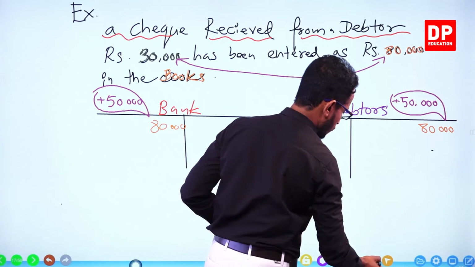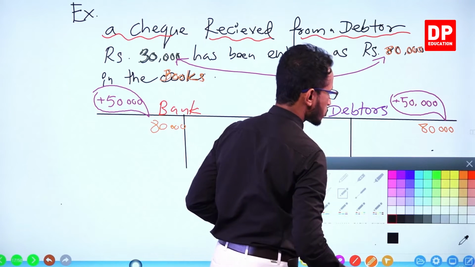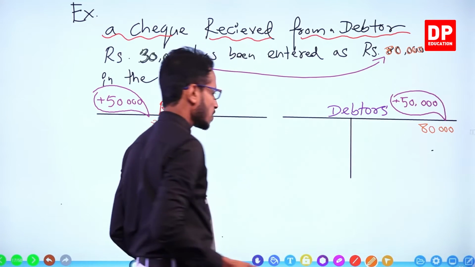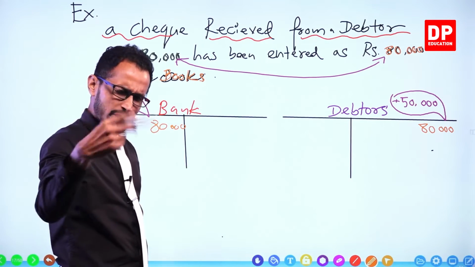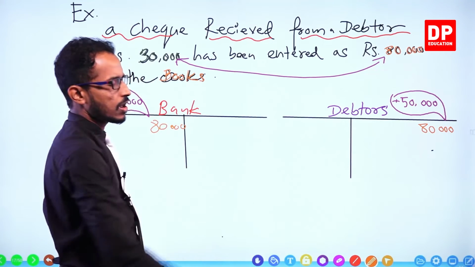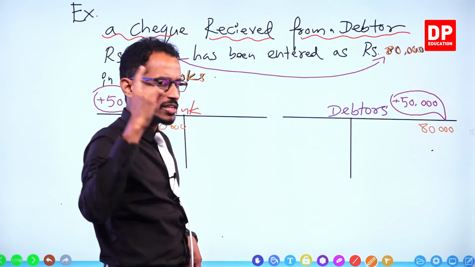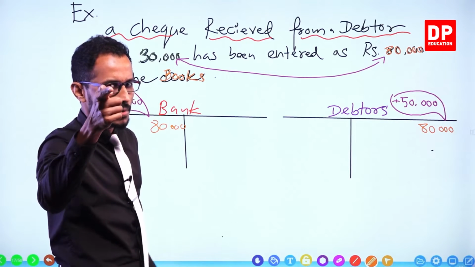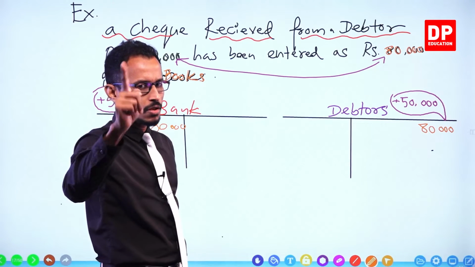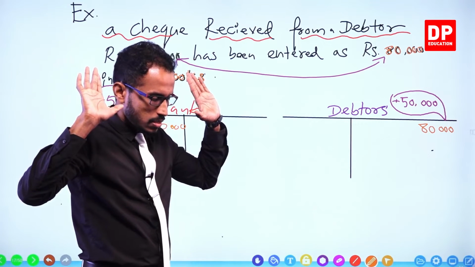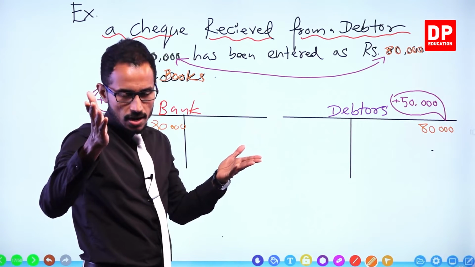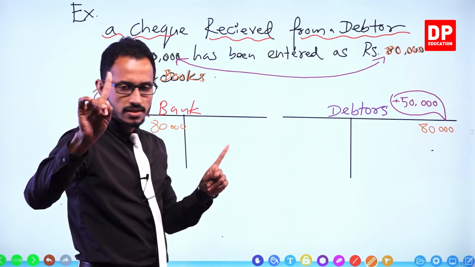What to do now? We have to correct this. You correct it. Do it. Now you should have good knowledge of the double entries. There is no doubt, without a good knowledge of the double entry system, you can't correct errors.